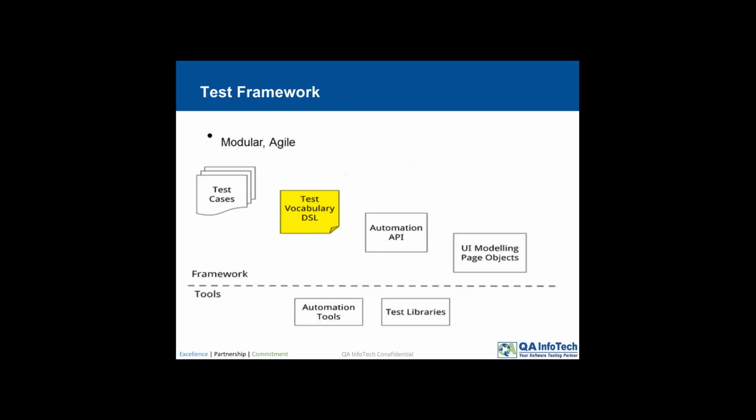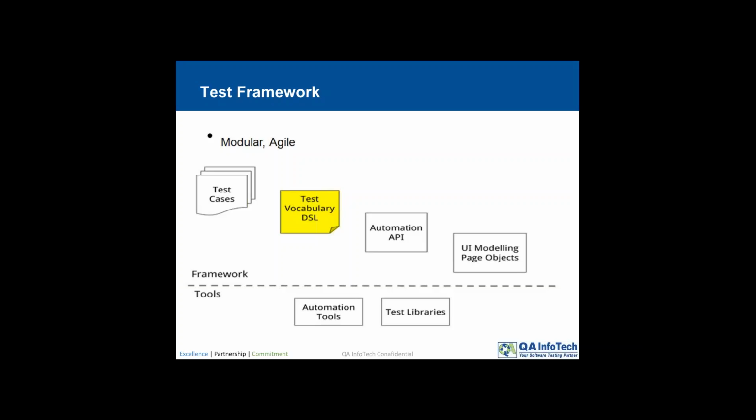This is how a generic automation framework looks, which enables a component-based approach, where we keep the test cases as a separate tier and the test vocabulary as an independent module.